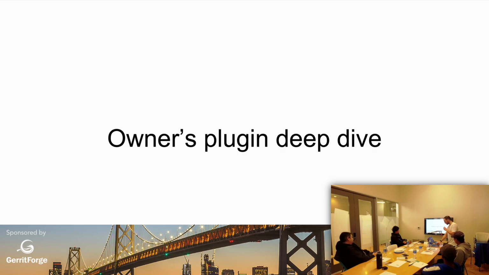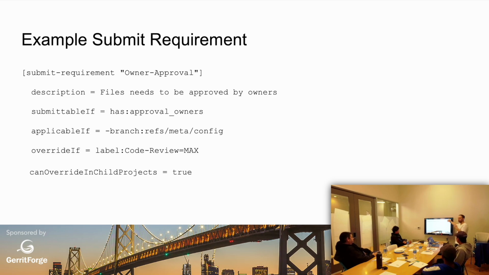So as promised, here's an example of a submit requirement. This is called owner approval. Now, you'll actually find in the docs some submit requirements that have the same name as classic labels like verified or code owners. That's not really recommended. Don't give it the same names. And then let's look for a second at the fields.